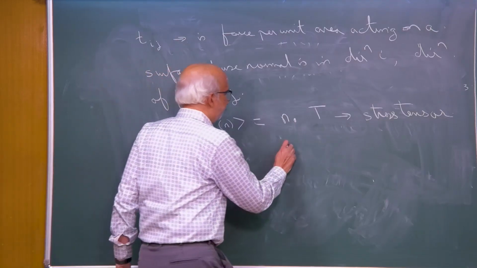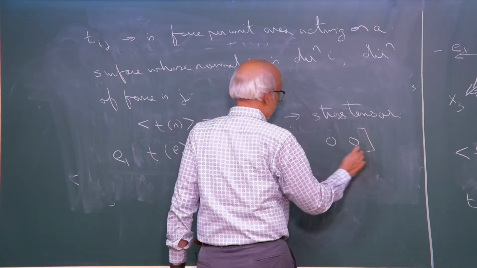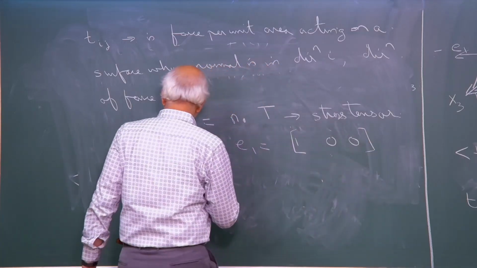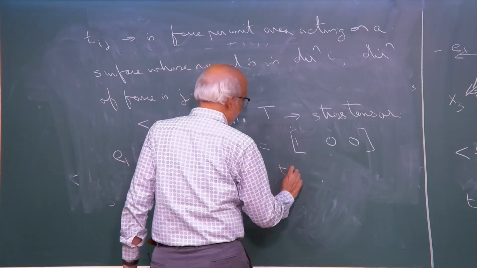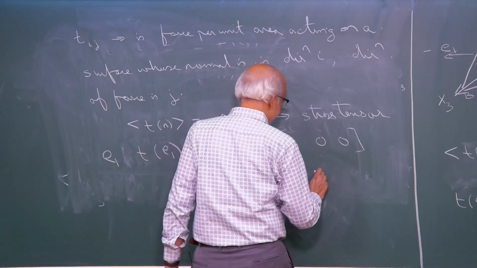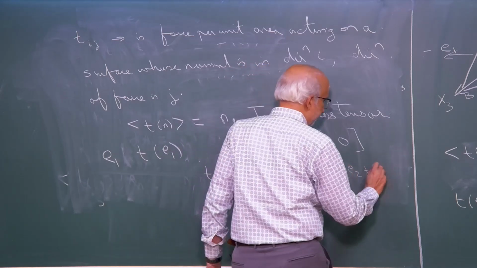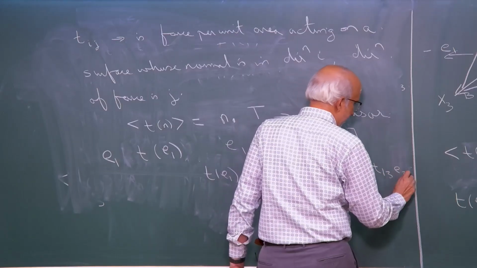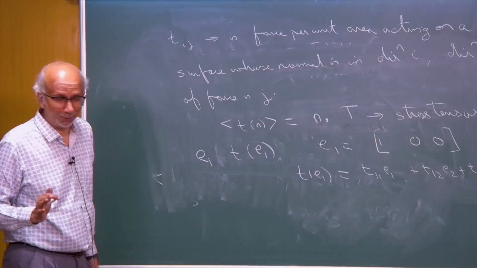E1 is the vector 1 0 0, and T of E1 I told you is T11 E1, I mean T11 plus unit direction plus T12 E2 plus T13 E3. I will go slow.